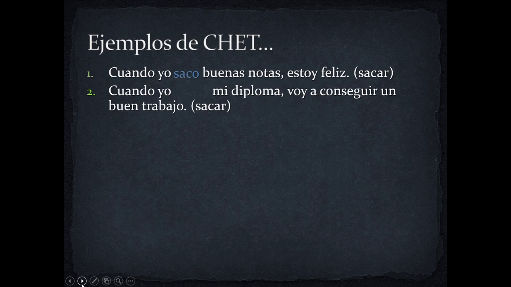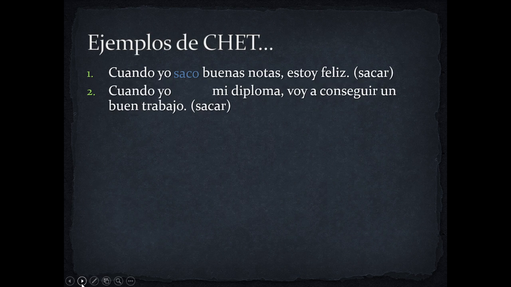Conseguir is the verb to get, like to obtain something. So when I receive my diploma, I'm going to get a good job. So, así que la pregunta, habitual o pendiente? Habitual or pending? Well, this is not a habitual thing. This is a pending one. And we know that because it says I'm going to get a good job. So we have to use subjunctive with the verb here.